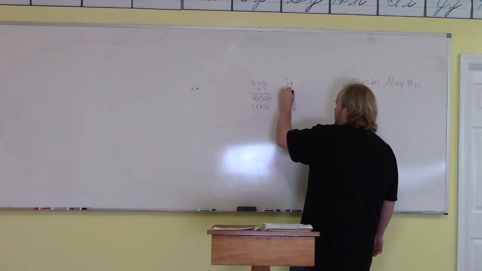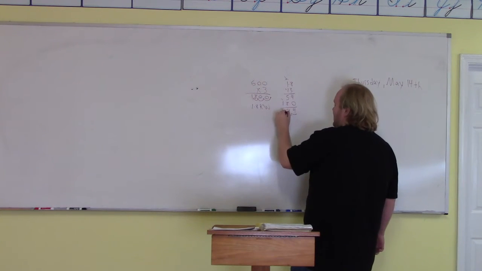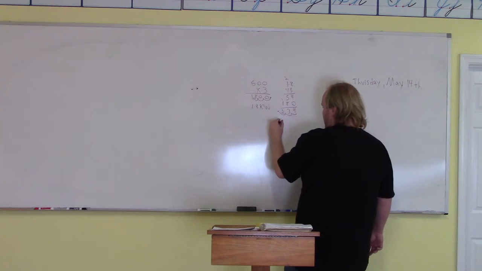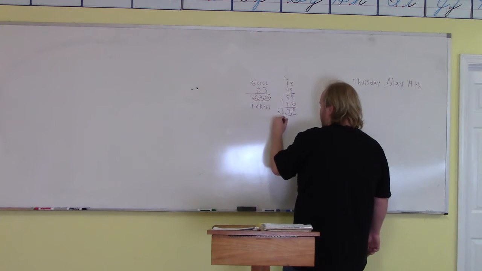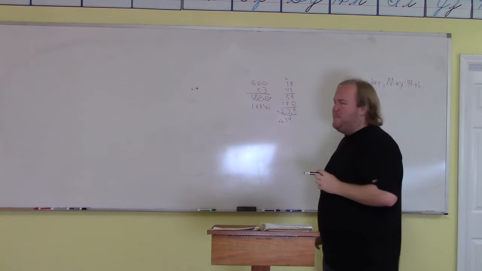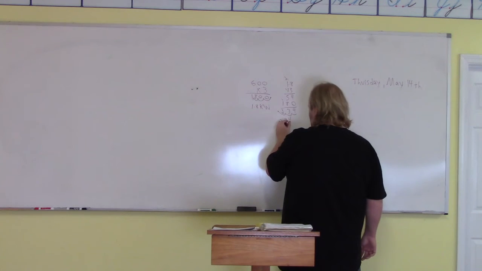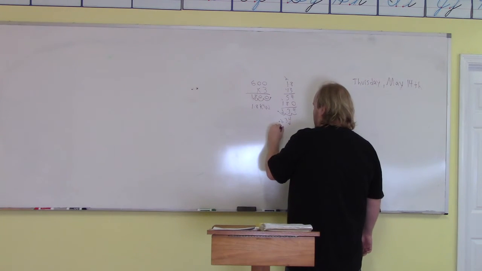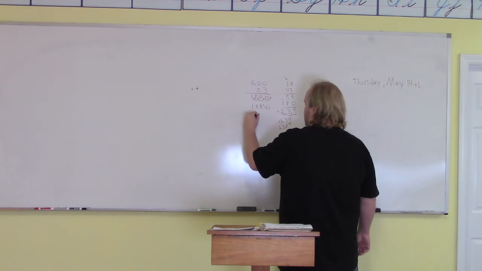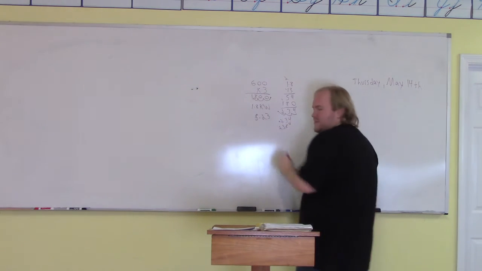We have 4 numbers, we have 3 decimal places. So we've got 0.234, but since we're talking money, we need to round, so we would round down, so this would be 23 cents or $0.23.